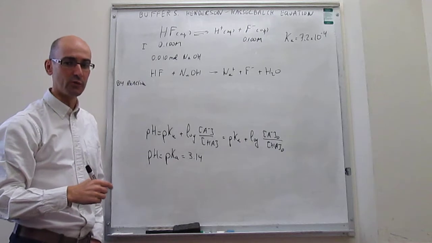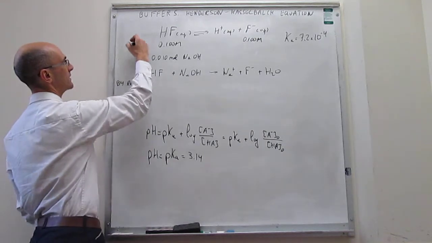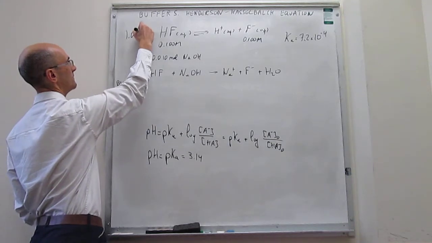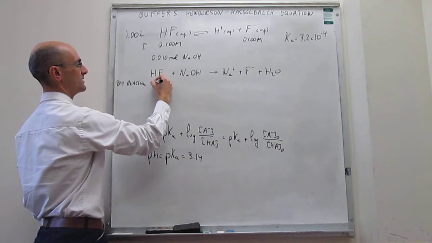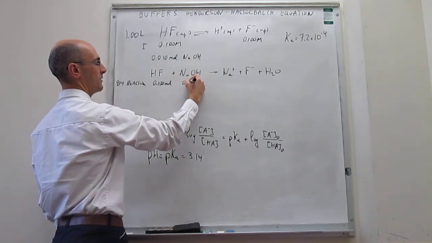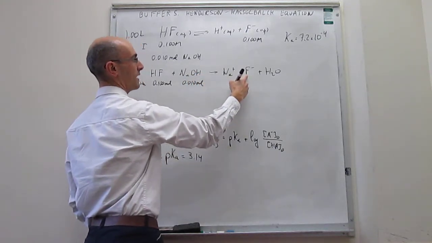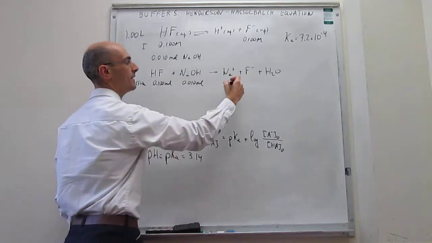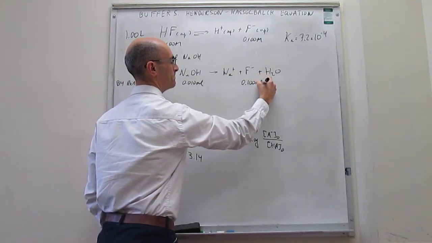We're instead going to work with moles, because this is now a stoichiometry problem. Okay, suppose that we have 1 liter of this buffer solution, right? So 1 liter, 0.1 molar, that is going to be 0.100 moles of the acid. We're adding here 0.010 moles of the base, and then initially we also have some fluoride, and the amount of fluoride that we have is 0.100 moles.